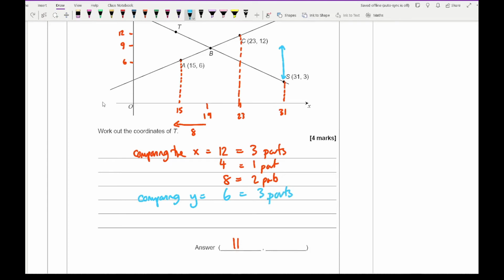So therefore 2 parts is going to equal 4. And then from this, what we can then work out is 9 plus 4.